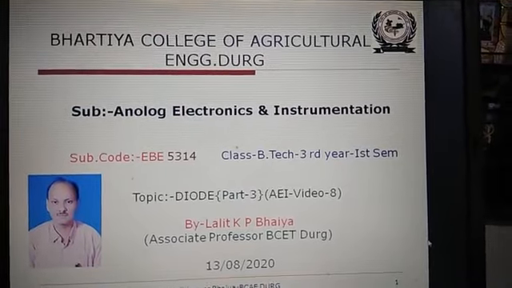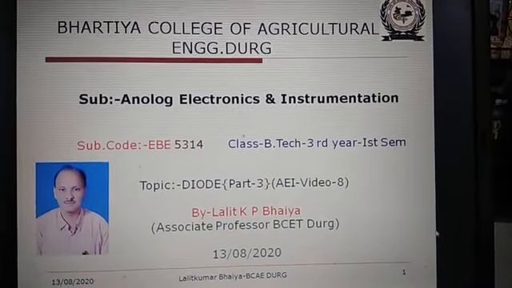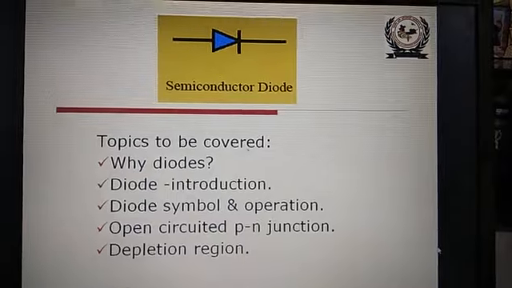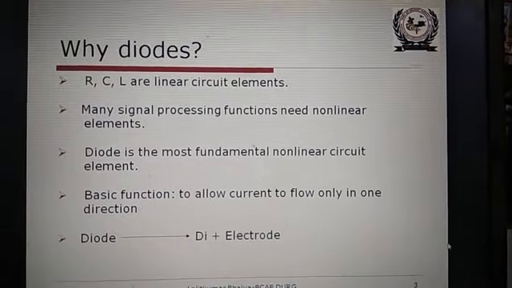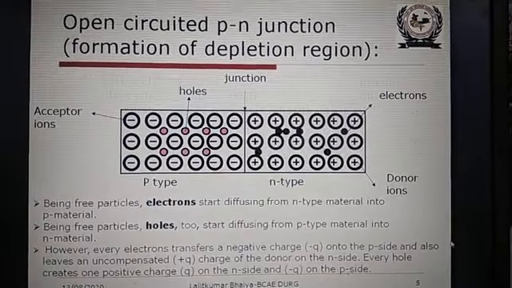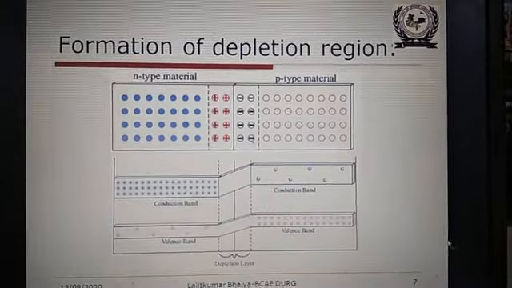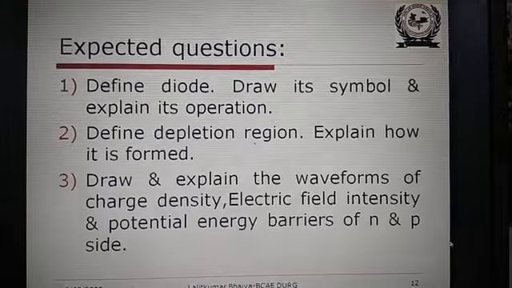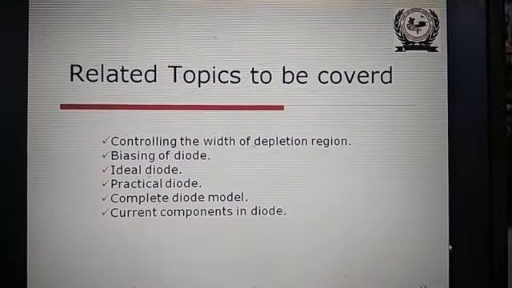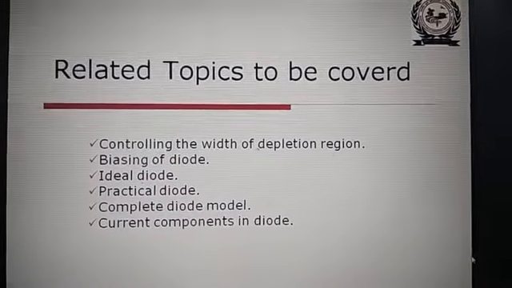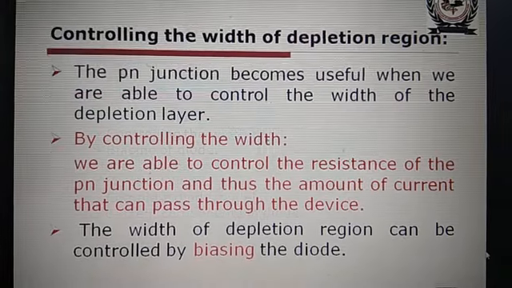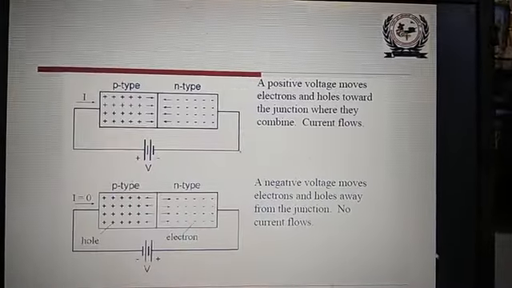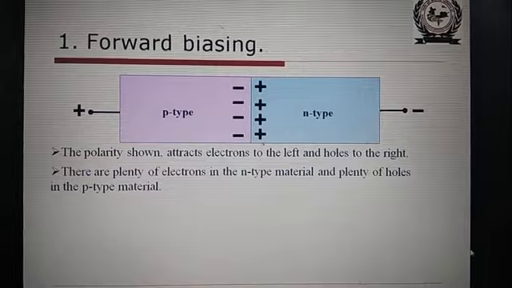I will speedily go to the slide which I want to show you now. Whatever we have seen, I am showing you. These diodes we have already covered: the formation of the depletion region, defining the depletion region, applications. Biasing of diode, forward bias, reverse bias, we have already seen.